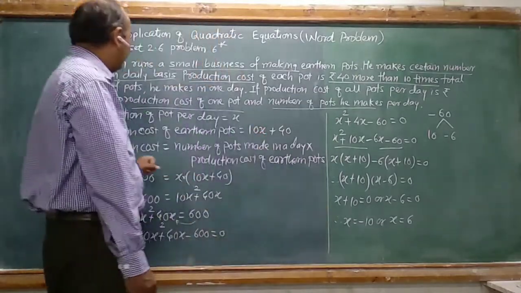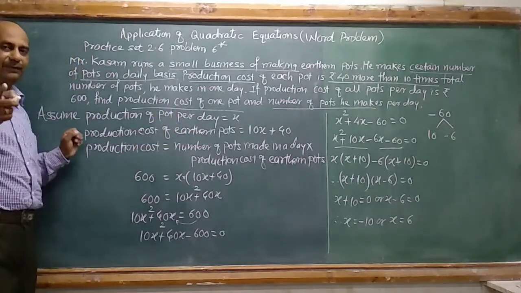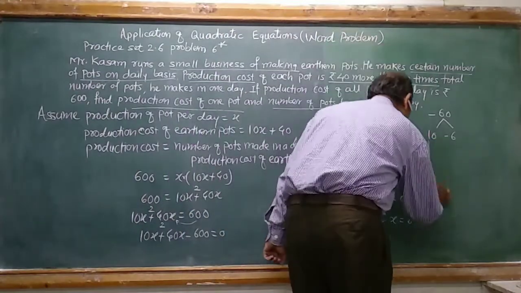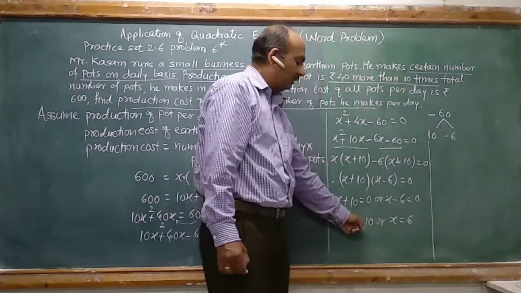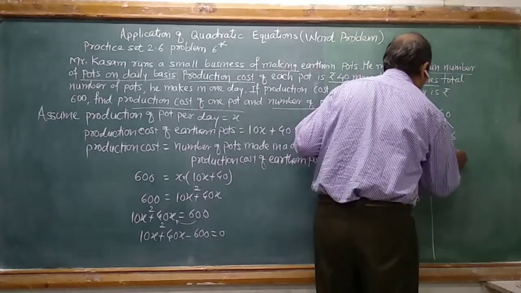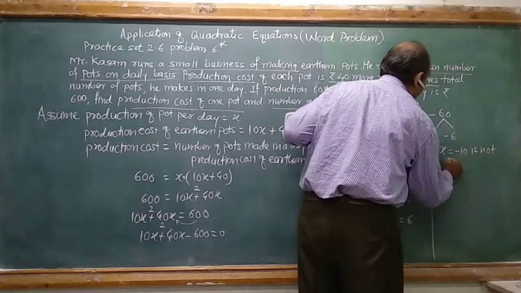X is what? X is your production of pots per day. So, as far as the production is concerned, it is never negative. Therefore, x is not equal to minus 10. Right? X is equal to minus 10 is not applicable.